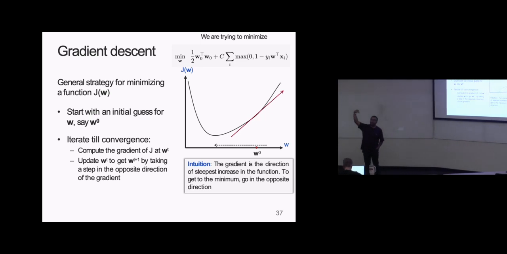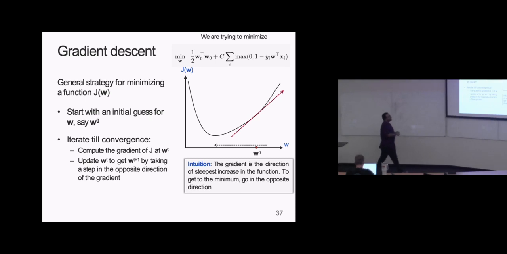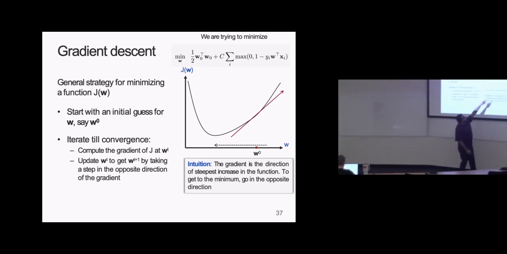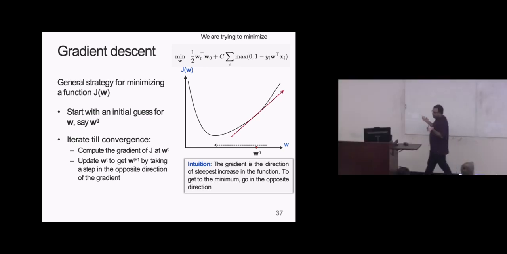You want to follow the opposite direction. Because the gradient is saying this way it is maximized, this must be the way where it is minimized. So W should move in this direction with some step, a learning rate like R.